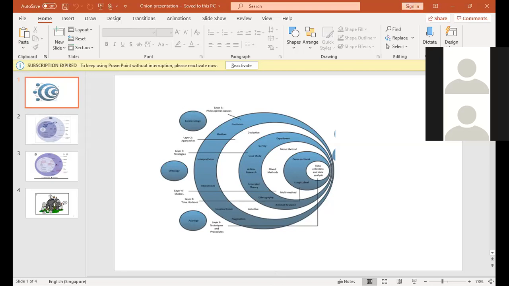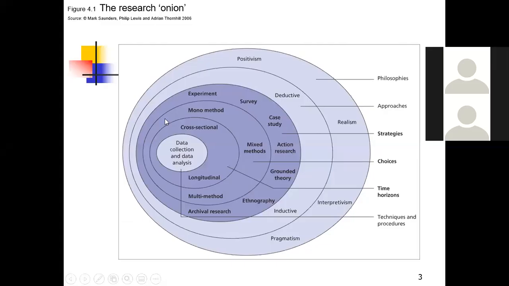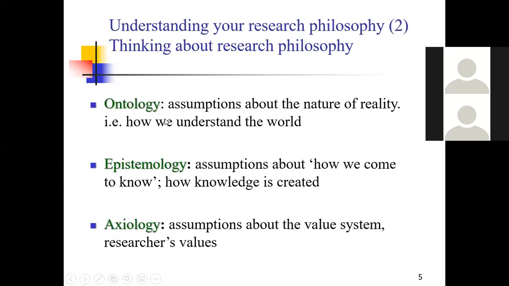Because sometimes students have this understanding that the philosophies are ontology, epistemology, which is the wrong understanding. So to explain what is ontology, epistemology, now you must be seeing here, I'm back to the original presentation.